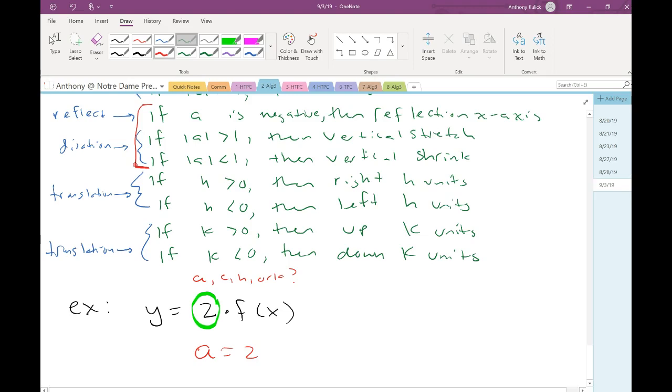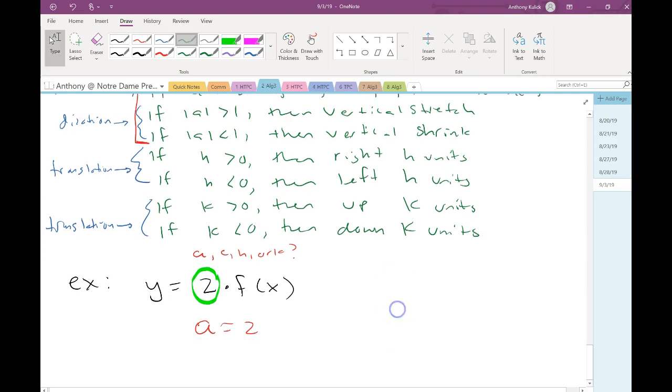Next, it says if the absolute value of A is greater than 1, then we have a vertical stretch. Is the absolute value of A greater than 1? Yes, right? The absolute value of 2 is 2, and that's certainly greater than 1. So we would say that there is a vertical stretch.